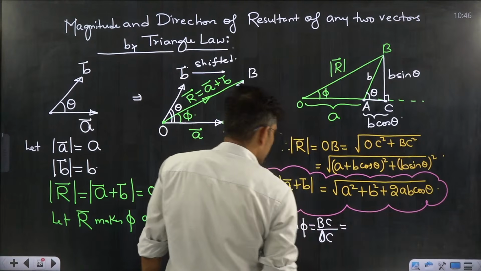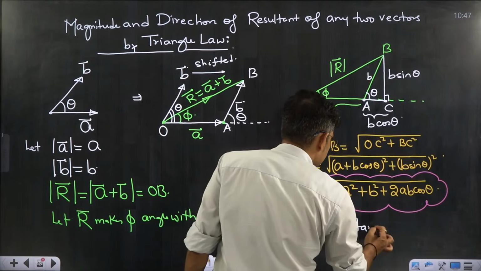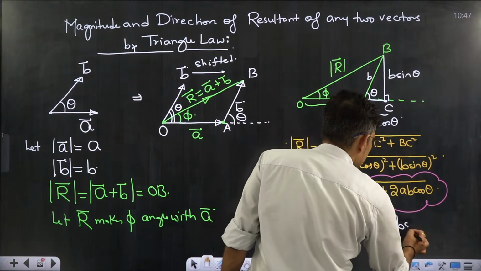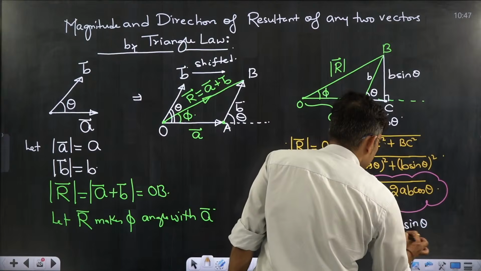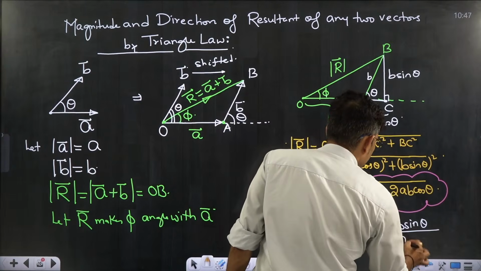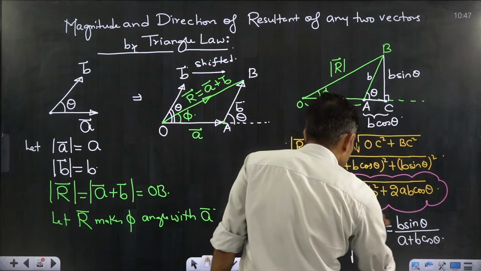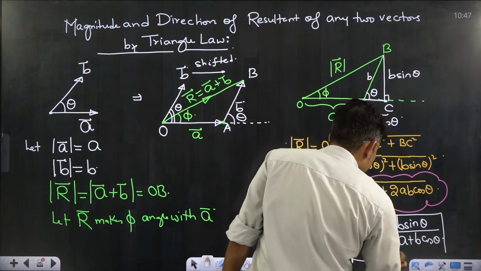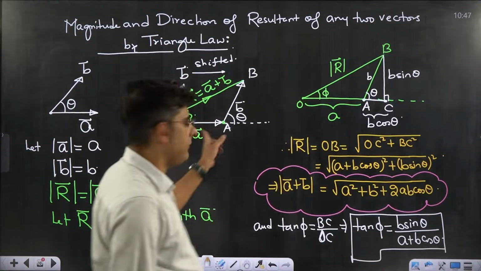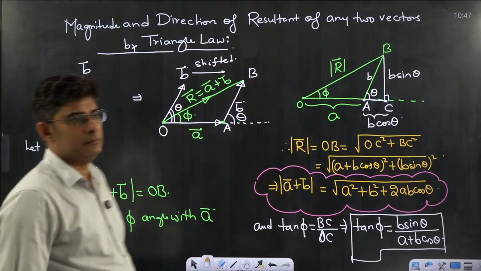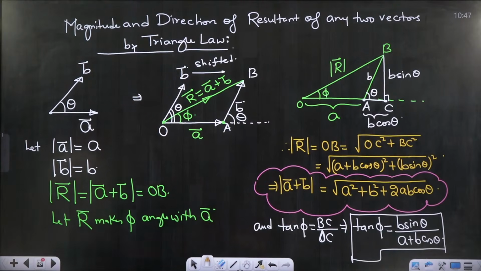So BC will become B sin theta by A plus B cos theta. So this formula gives us the angle that the resultant makes with A vector, and this formula gives the magnitude of the resultant. I hope these two formulas are clear to all of you.